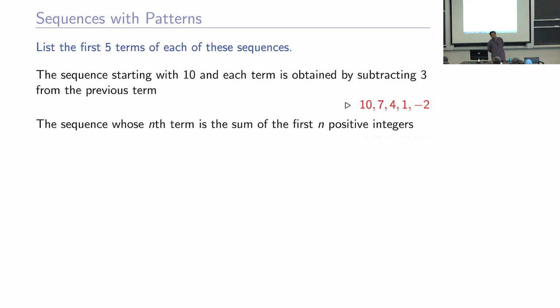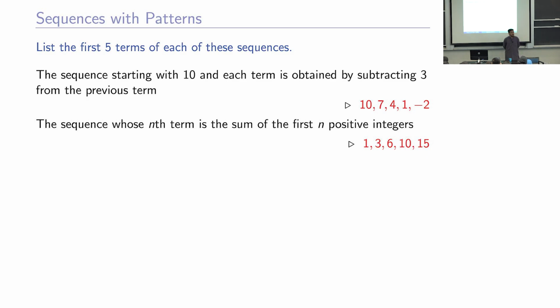Why? Because the sum of the first two positive integers, 1 plus 2, is 3. What should be the third one? 6. Then 10, 15. What will be after 15? Why? It will be the sum of the first 6. So why is it 21?